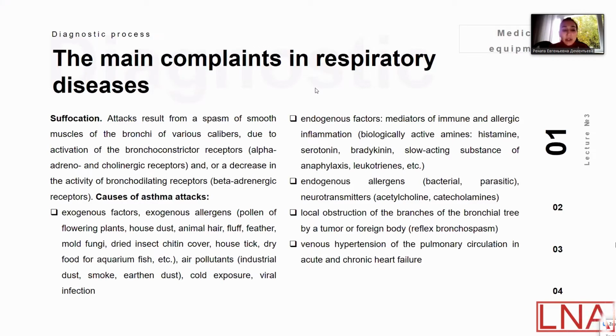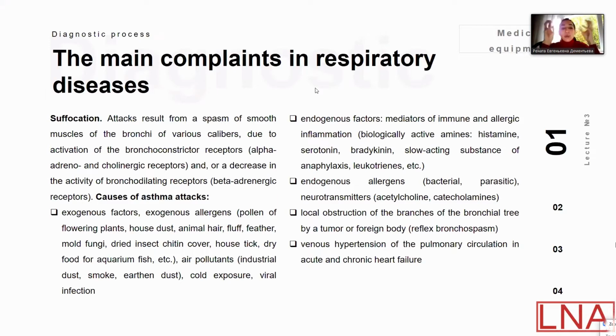The main causes of asthma attacks. First of all, exogenous factors, exogenous allergens. The first and most important are pollen of flowering plants, house dust, animal hair, fluff, feathers, mold fungi, dried insects, house mites, dry food for aquarium fish, which are very important allergens.